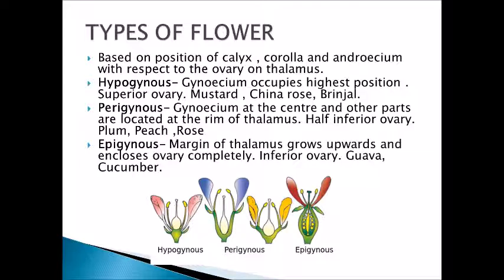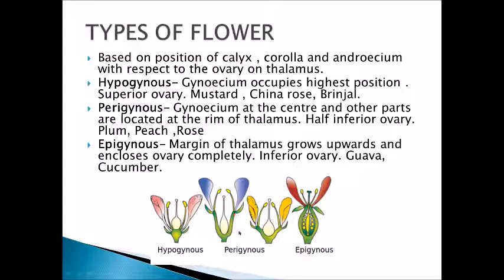In this diagram, you can see two different flowers. Here, this is the thalamus, which has these sepals and these petals. These sepals and petals, even the stamen, are at the rim of the thalamus.